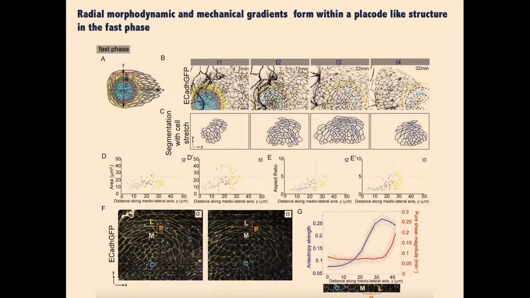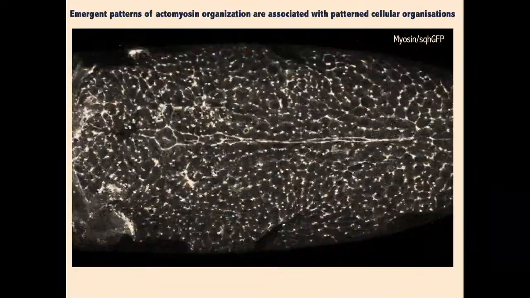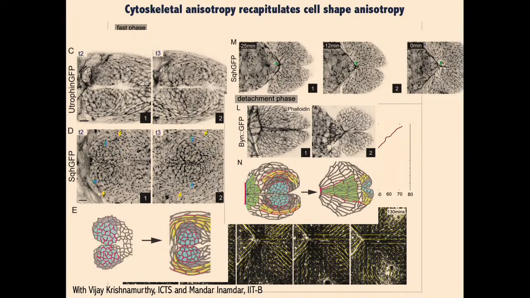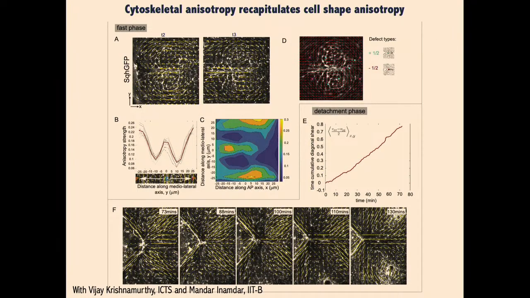If you look at the strength of anisotropy, it increases as you go from the center to the lateral region. And likewise, if you measure the anisotropy strength of the cytoskeleton, here we have both halves. This is the midline, and this is going away from the midline. So you can see that it goes up as you go laterally.